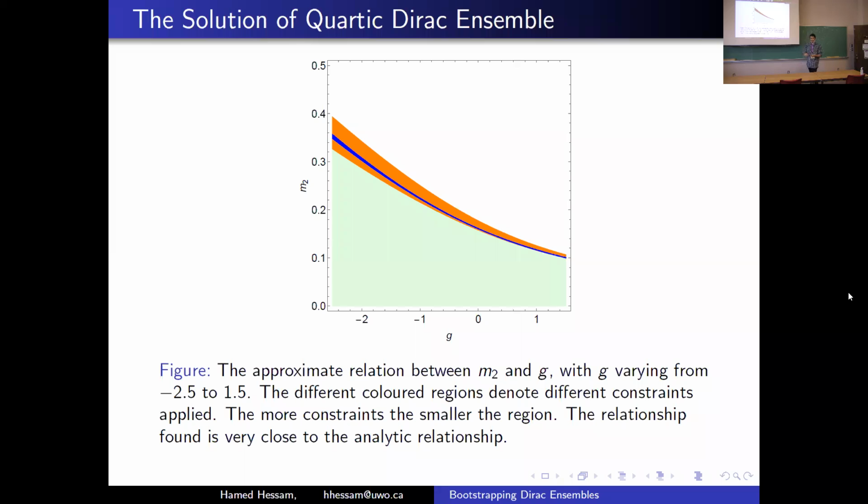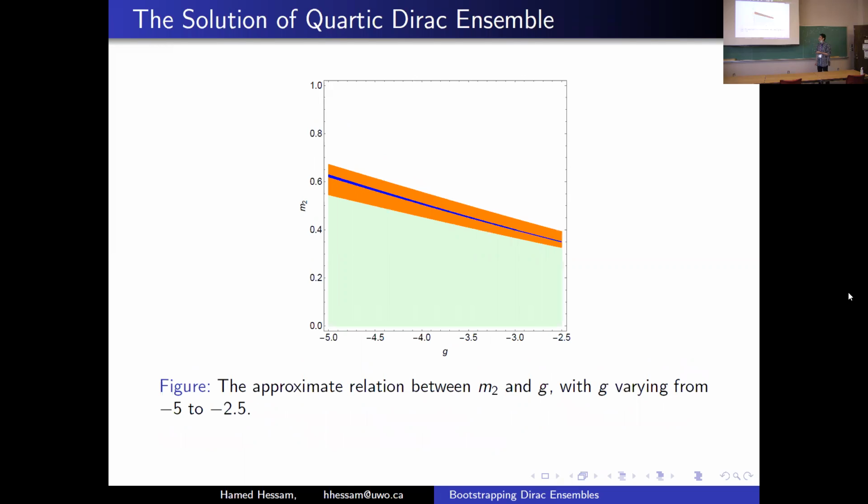That becomes the next slide. Already for finite cutoff you can see it, in the large N limit, with the constraint.